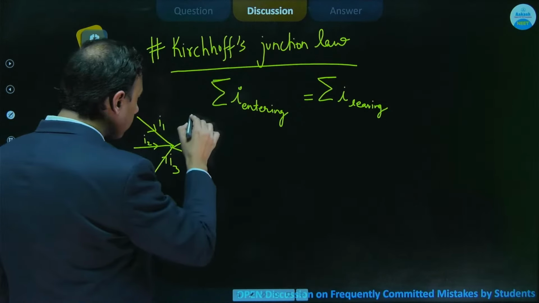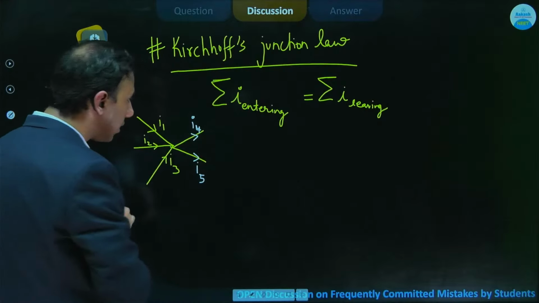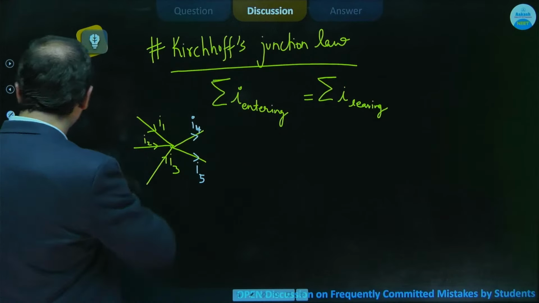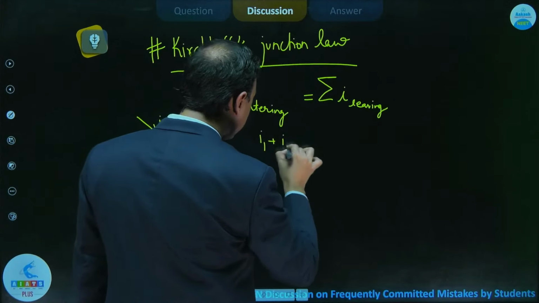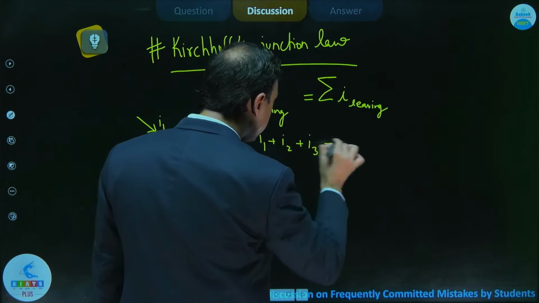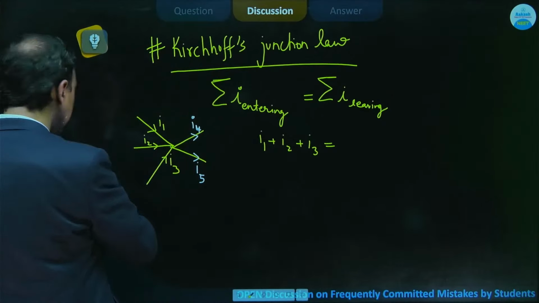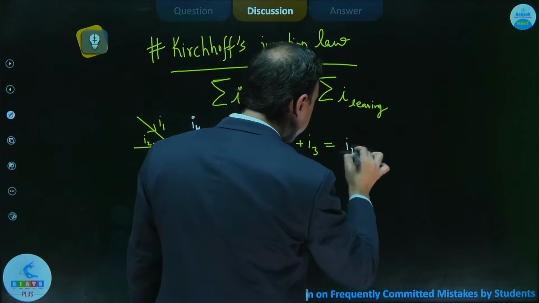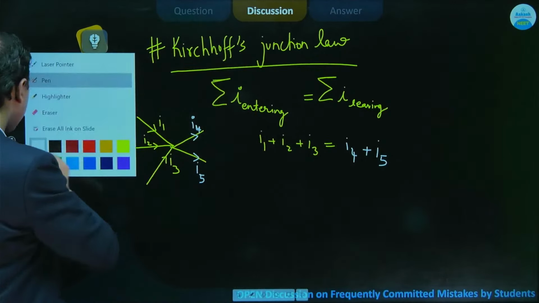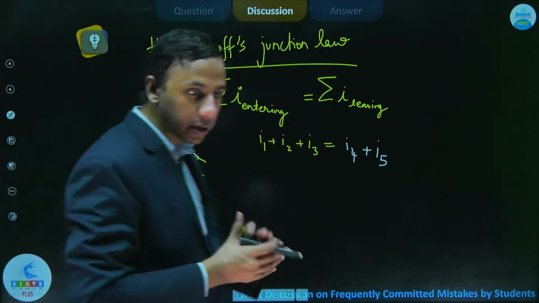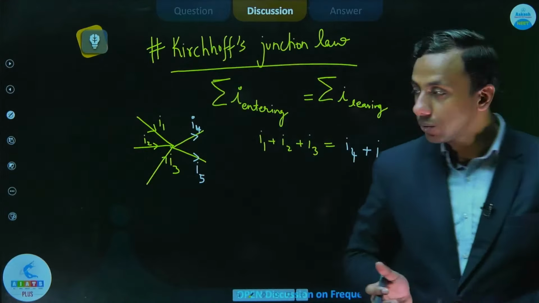So I1 plus I2 plus I3 is equal to I4 plus I5. I hope you got a rough idea about this question.